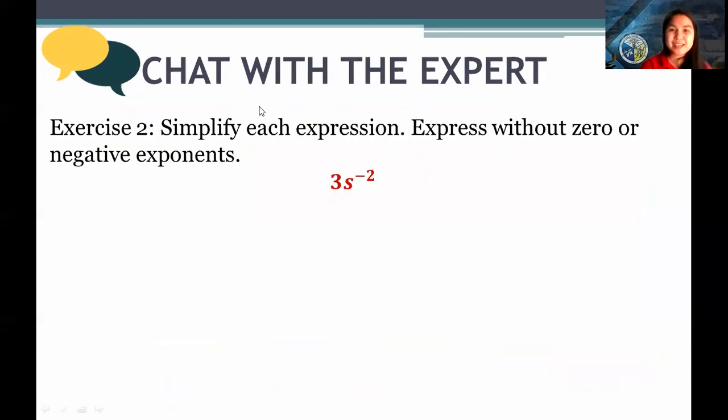Let's have more examples. Ready? Okay, in the chat box, can you tell me what's the answer? Simplify 3s to the power of negative 2.